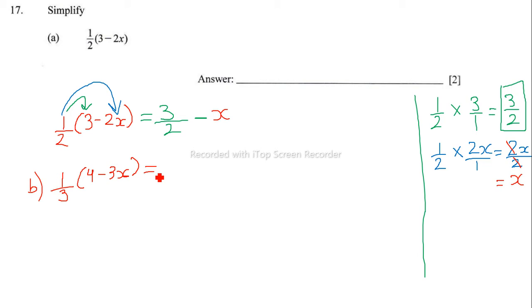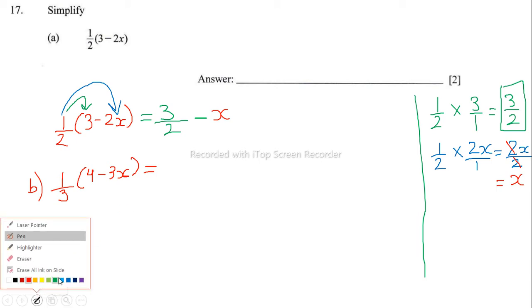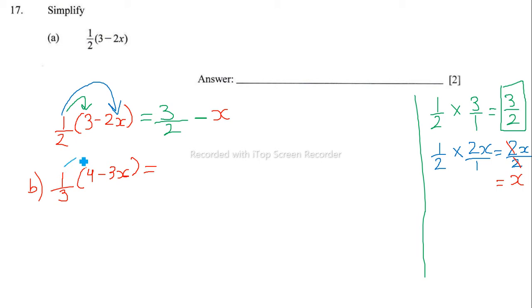The first thing we do is multiply the third by the 4. So we have a third multiplied by 4 over 1. 1 times 4 is simply 4, and 3 times 1 is 3, so we are left with 4 over 3.